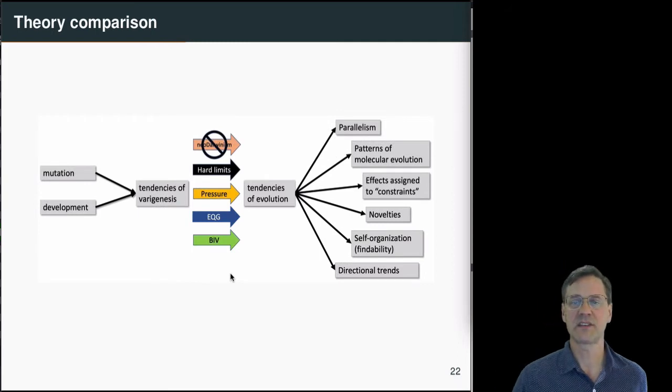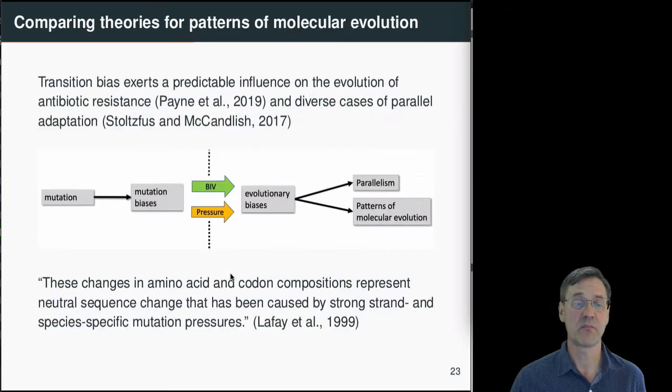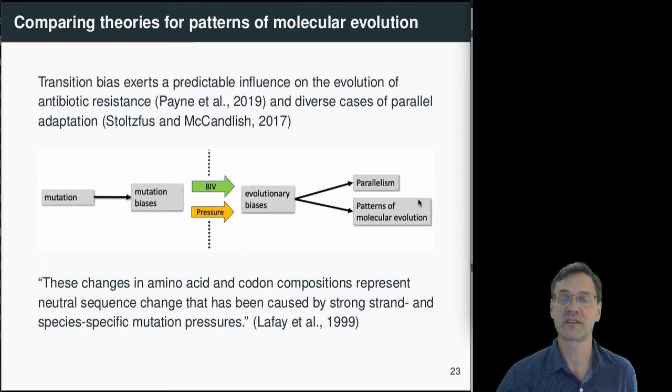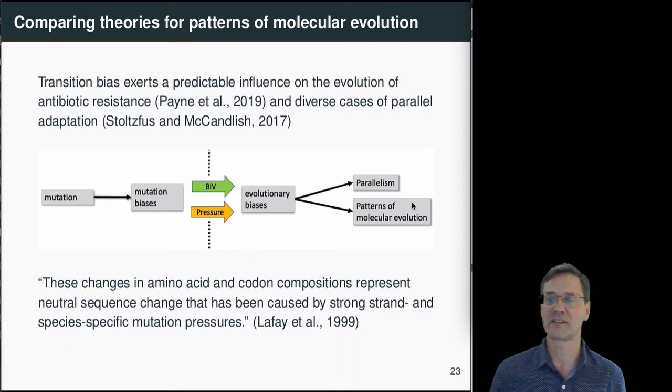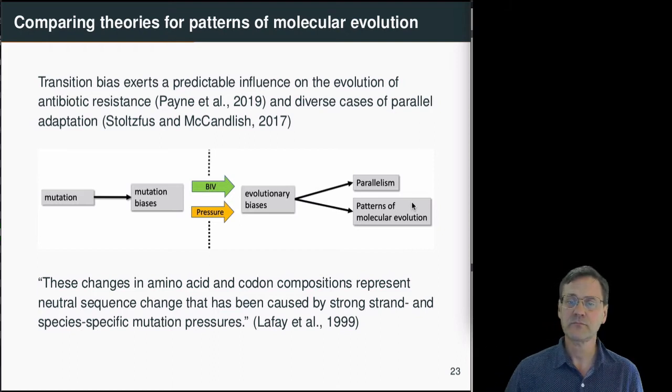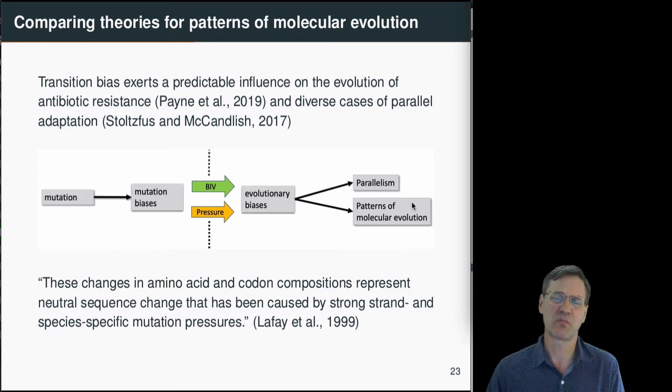So let's use this framework to consider a comparison. Here on the right, we have some observed patterns of molecular evolution. Maybe we're talking about patterns of parallel change, or some other kind of pattern. And we can ask, what's the effect of GC bias or transition bias or something like that? Most of the theories just don't apply. So neo-Darwinism is irrelevant.